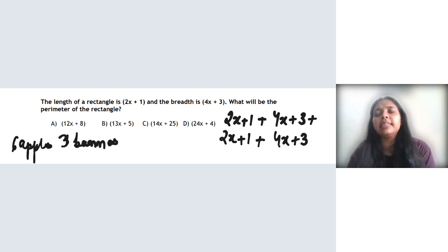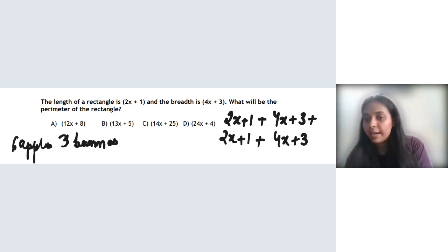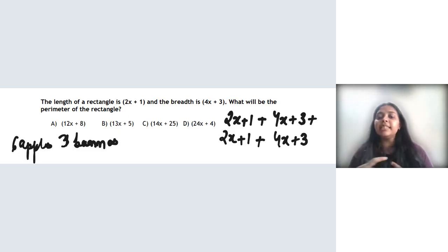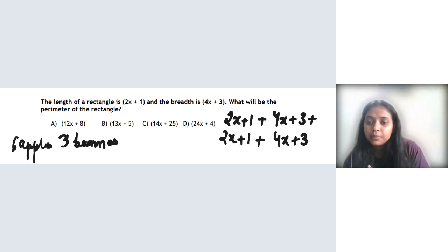When I add 6 apples and 3 bananas, what will I get? 9 fruits. Okay, that's the fruits. But I can't have 9 apple-bananas or 9 apples or 9 bananas. So this means we add all the same type of things.